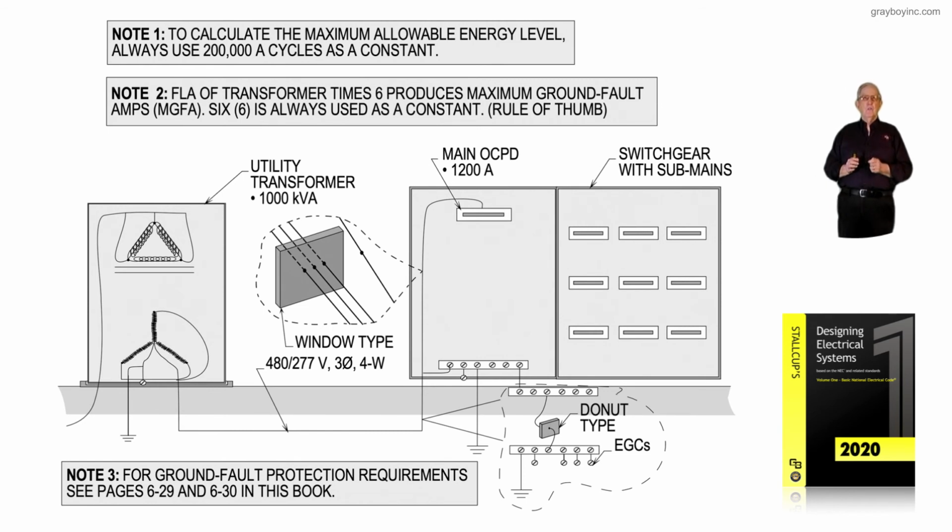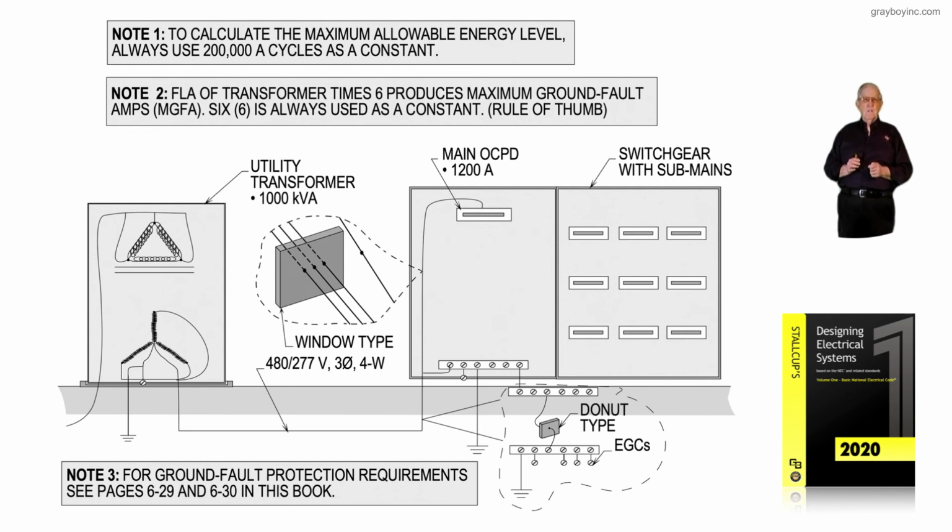Now, note 1, to calculate the maximum allowed design level. Once again, use 2,000 amp cycles as a constant. Number 2, the FLA of a transformer times 6 produces the maximum ground fault, the MGFA. 6 is always used as a constant, using this rule of thumb type method.